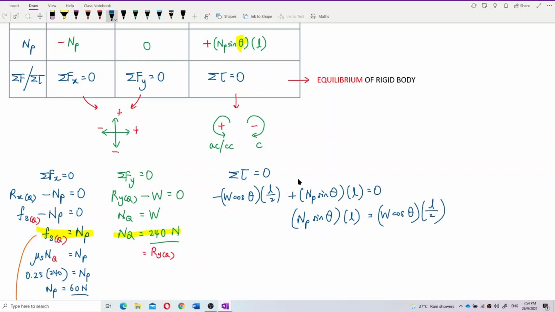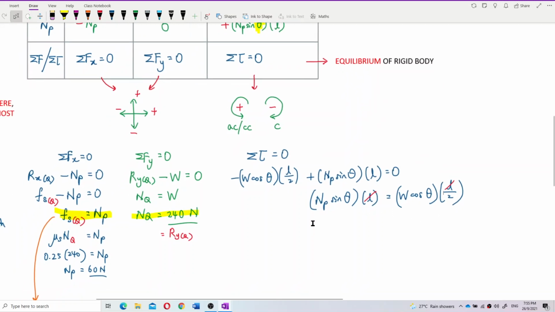I see, the L can be cancelled off. The negative disappears when it goes to the other side. Theta doesn't cancel. This cos theta goes below, becomes sine over cos, then becomes tangent theta. Then we can find the theta.